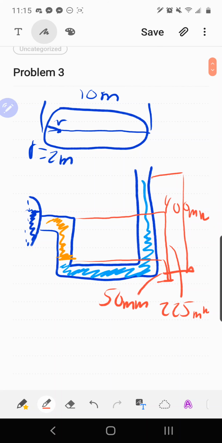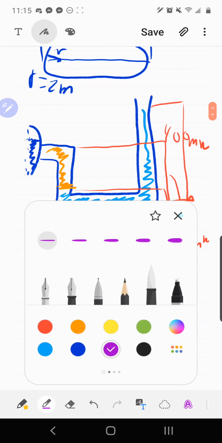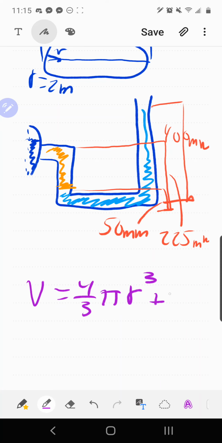Okay, what do we have to do for this one? We have to get the density of the chemical from the volume and the mass. Total volume is going to be equal to 4/3 pi r cubed plus pi r squared times (L minus 2r).